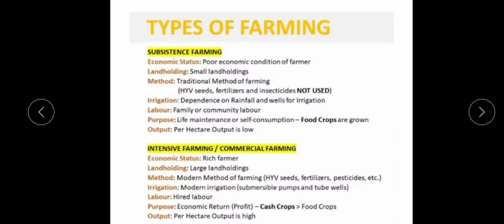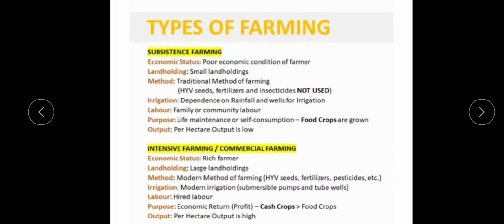Cash crops like cotton, tobacco, rubber are all grown more in this type of farming. Due to using mechanized tools, our per hectare production and net sown area has increased drastically. The per hectare production has increased very much, and the area sown under this crop has also increased.